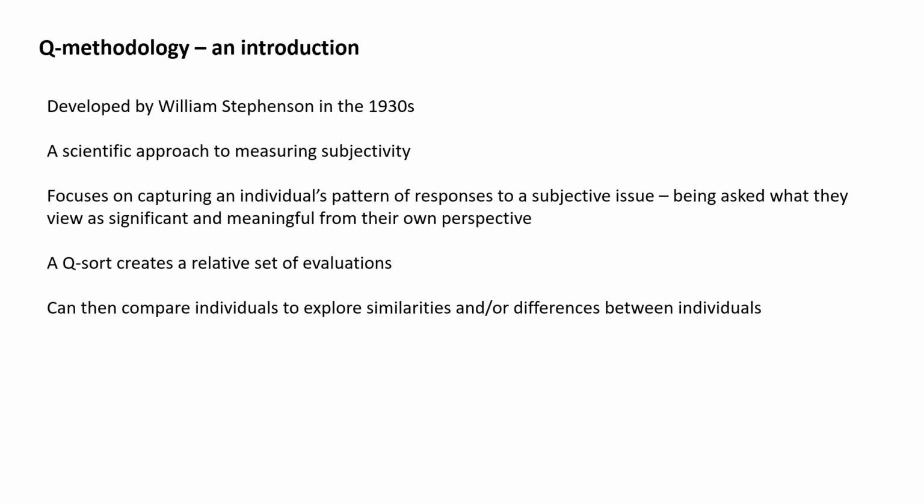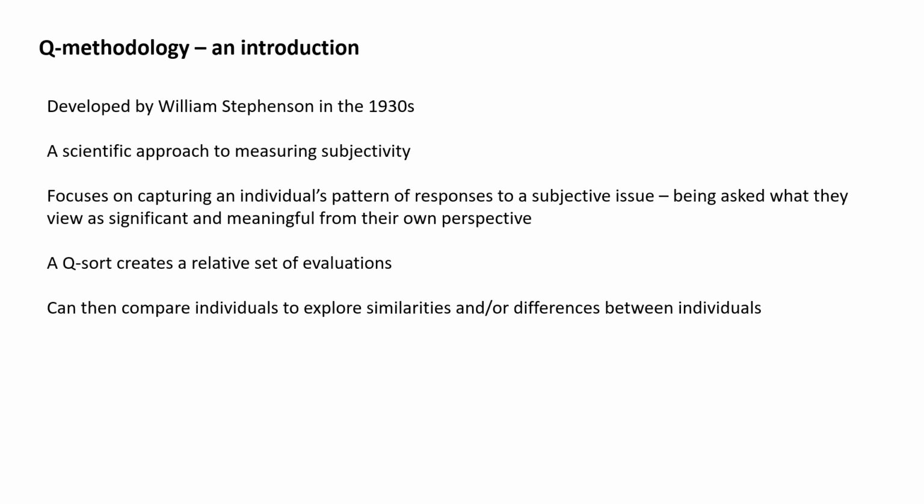The process focuses on trying to capture an individual's pattern of responses to a subjective issue. So when you're looking at a particular issue, which elements of that issue do you think are significant or meaningful from your own particular perspective?